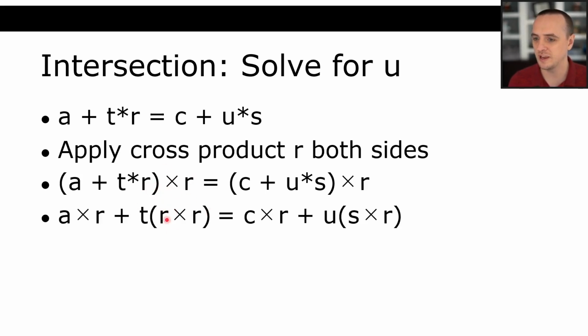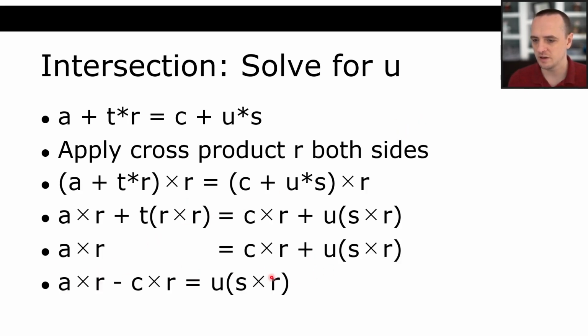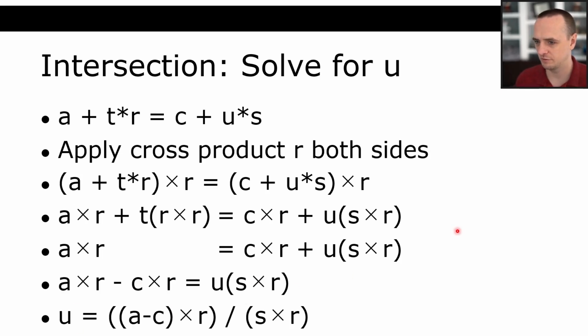And so then we have the r over here. When we expand, we get this r cross r in a similar way. This is the exact same calculation, it's just now we're eliminating t instead of u. This eliminates the t. Now we can bring this over here, and we get the same thing for u. I don't need to go through that whole derivation because it's the same thing just on the other side, right? So now here's our value for u. And so we've got a minus c cross r divided by s cross r.